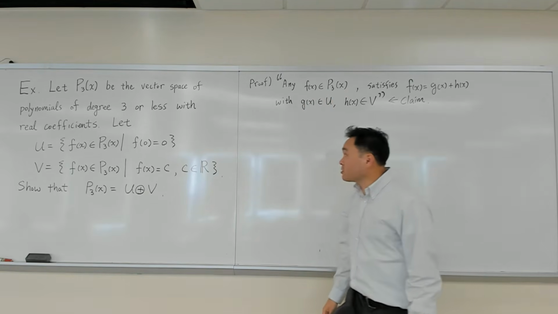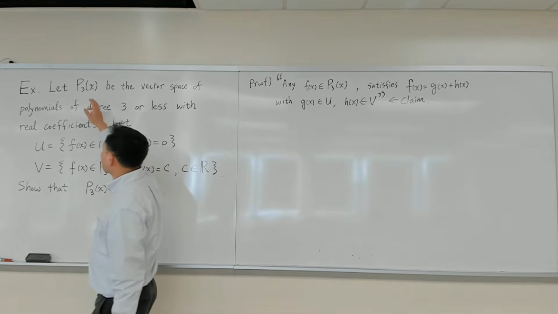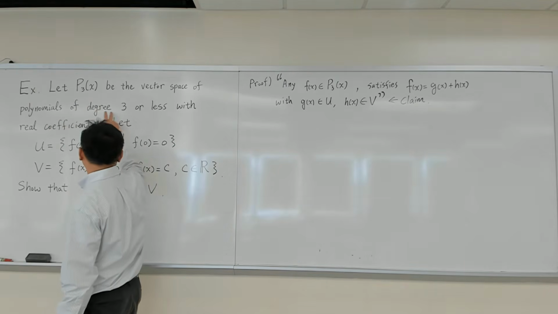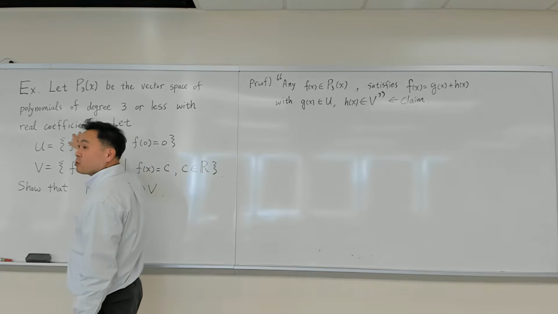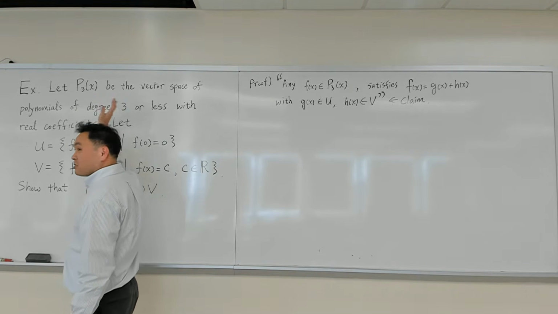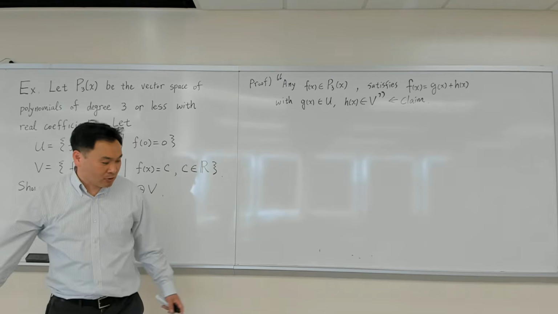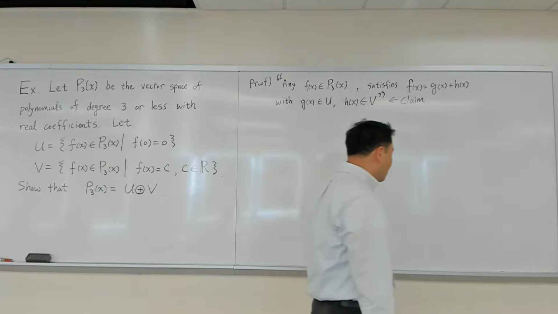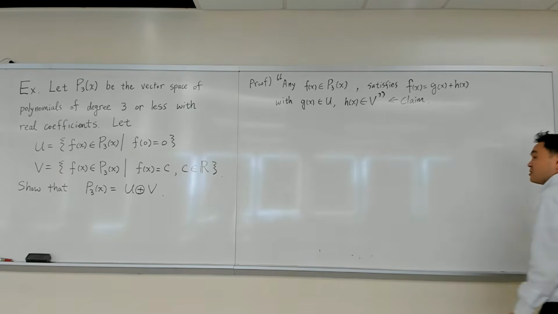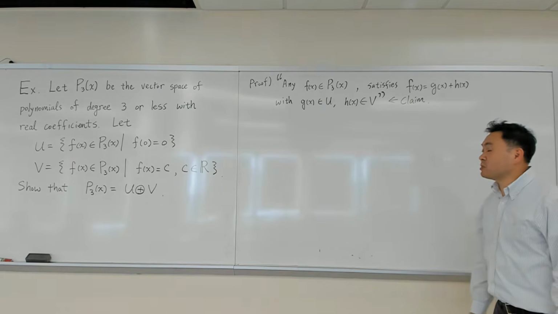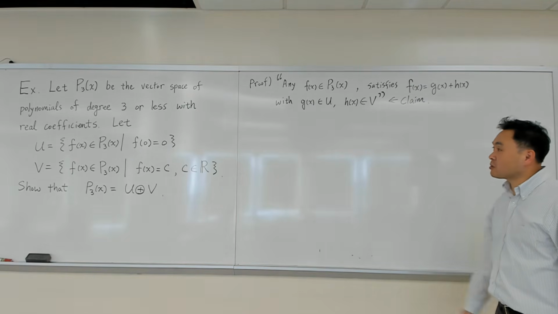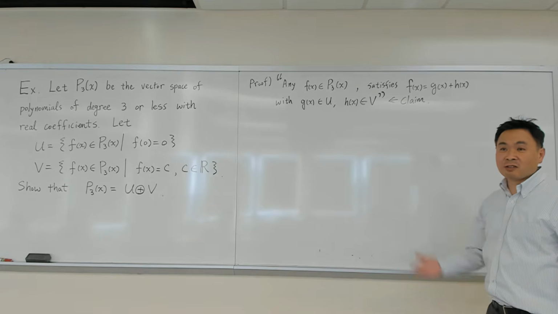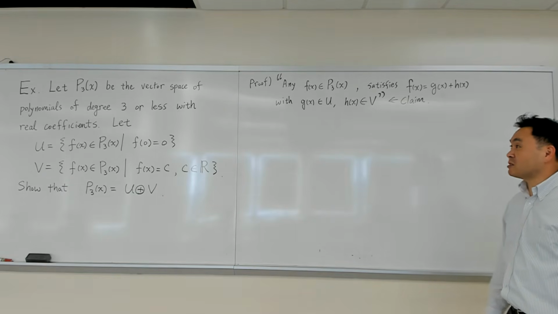Well, P3x is the vector space of polynomials of degree 3 or less with real coefficients. So why does this satisfy the vector space? Well, to show that you would need to show all the 8 properties of being a vector space, so it's going to take some time. But this question says it is a vector space, so we're going to accept that it is a vector space.